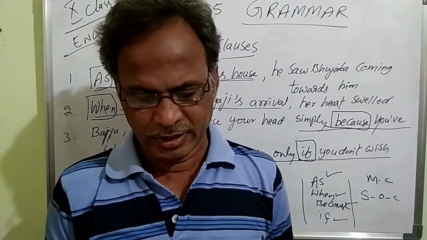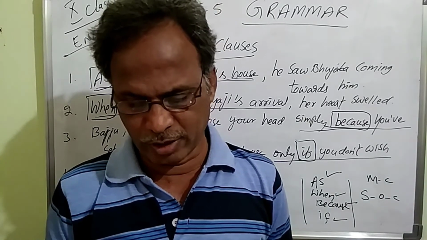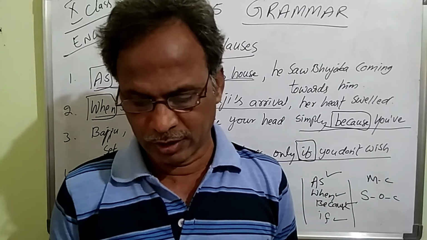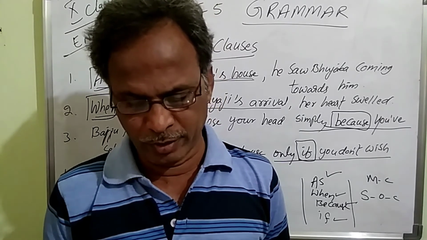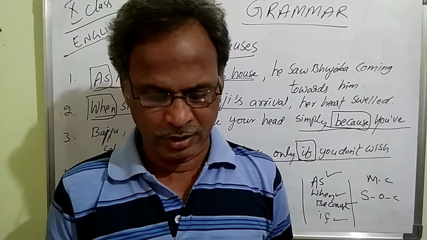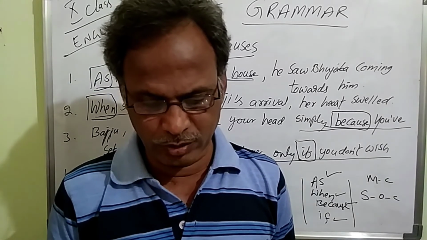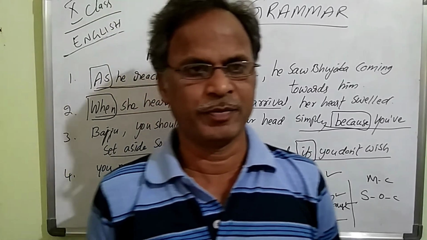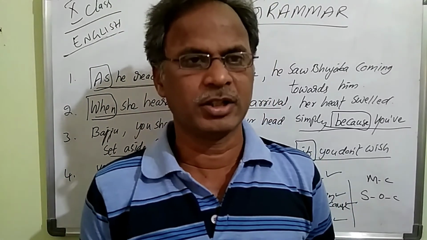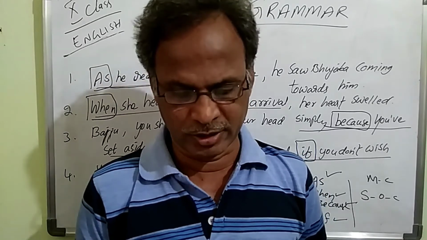Second sentence: Since they knew that Bayaji was coming home for good, the eldest son in service and the two daughters were already home to greet him. Since they knew that Bayaji was coming home for good, with a comma kept there, is the dependent clause, the subordinate clause.